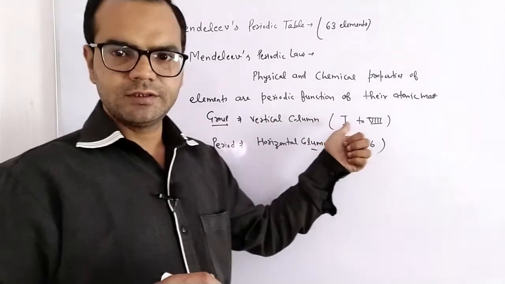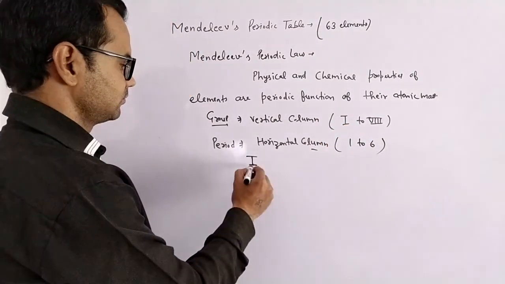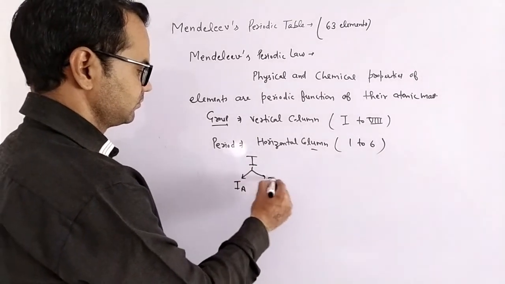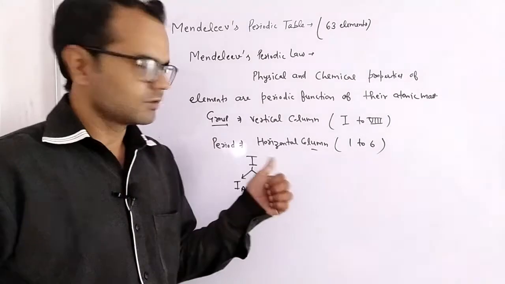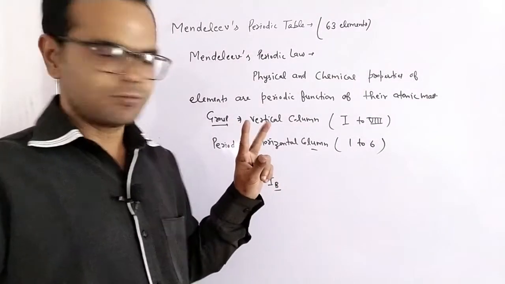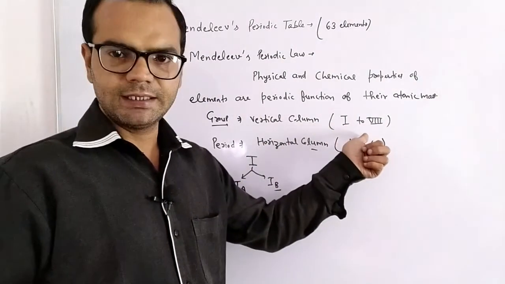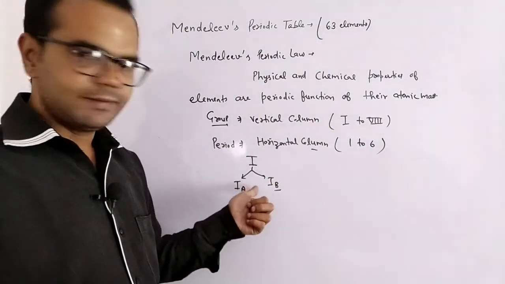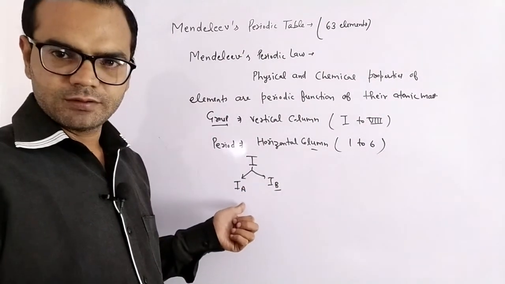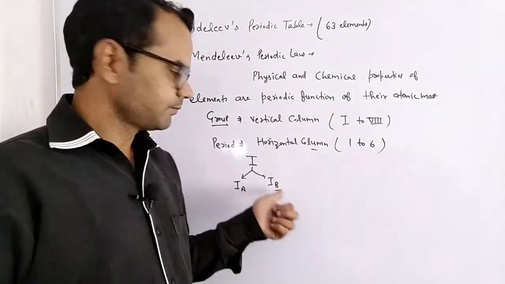For example, we have the first group. So every group is further subdivided into 2 subparts: first A, first B. In a similar manner, second A, second B. The elements placed on the left hand side were called A group, and the elements placed on the right hand side were called B group.